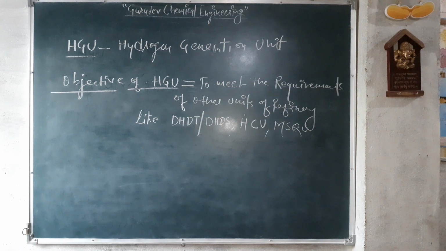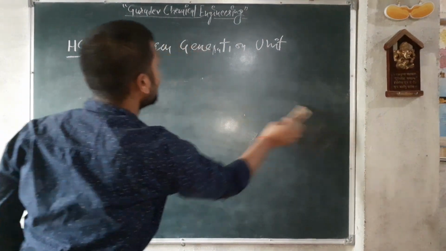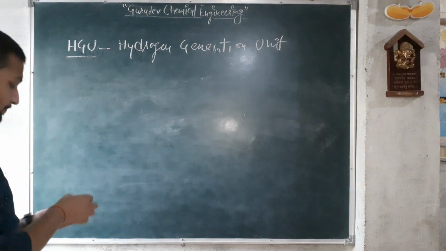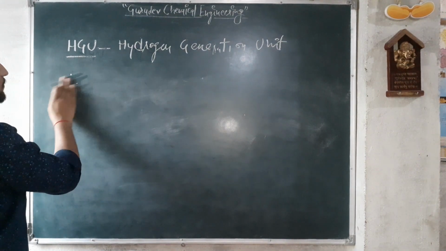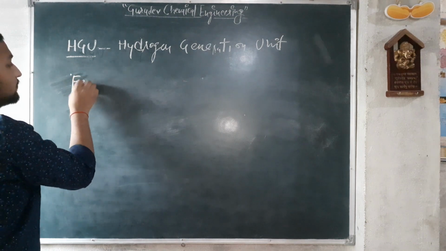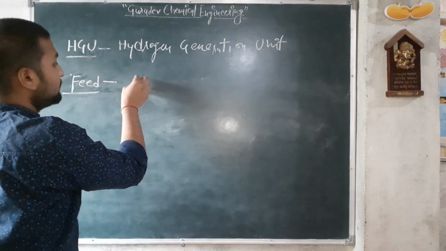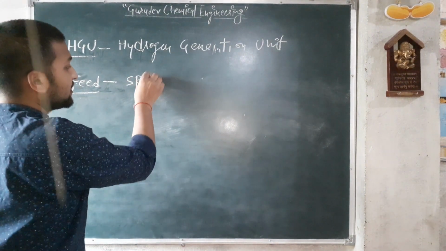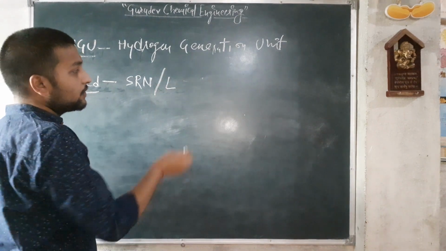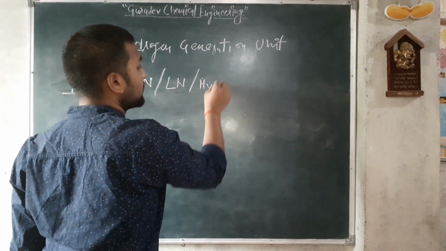So now we will discuss the feed of the hydrogen generation unit. That is straight run naphtha or light naphtha or hydrocracked naphtha.